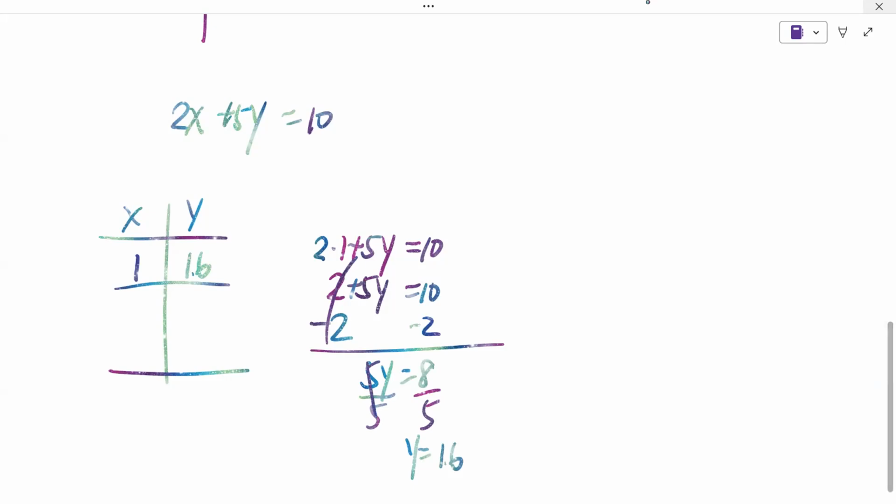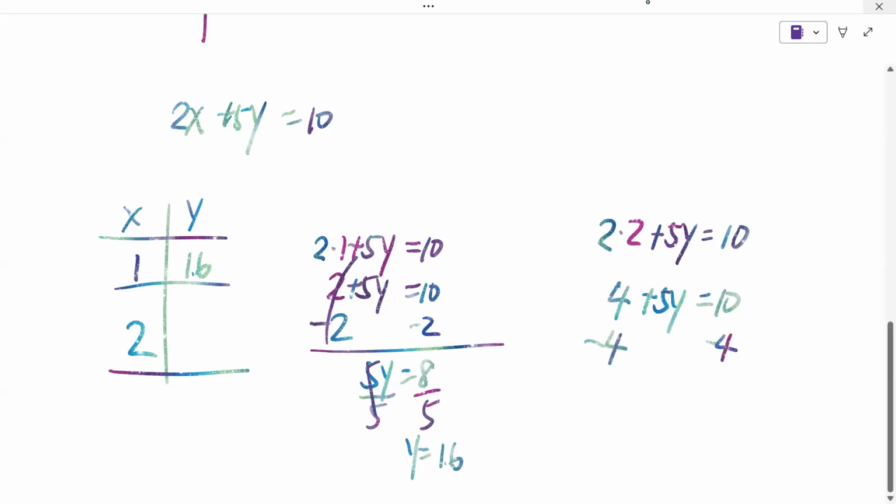And then let's say we get another one. Let's say x equal to 2. We're going to get 2 times 2 plus 5y equals 10. Here again, we solve for y. So subtract 4 from both sides of the equation. 5y equals 6. And divide both sides by 5. y equals 1.3.